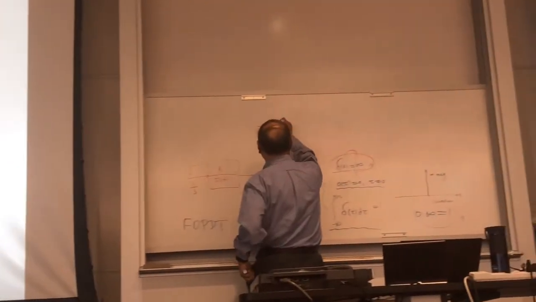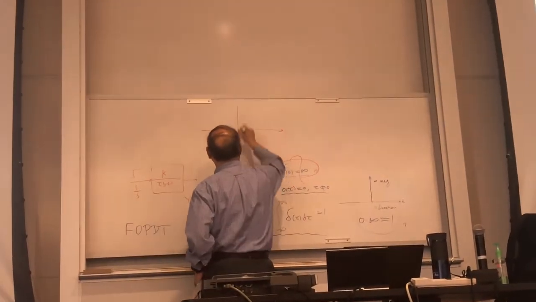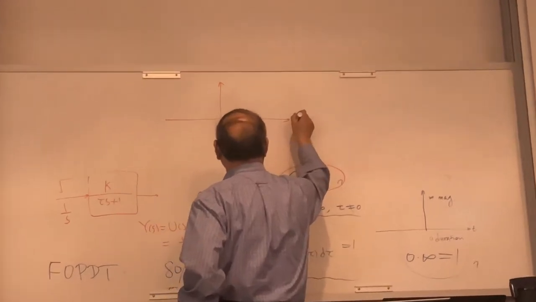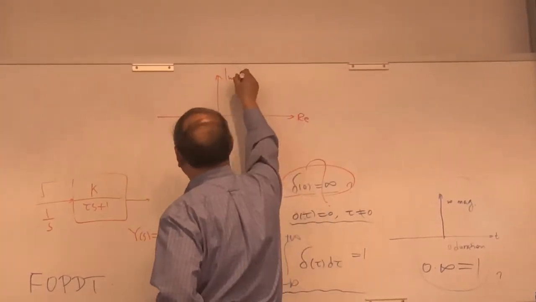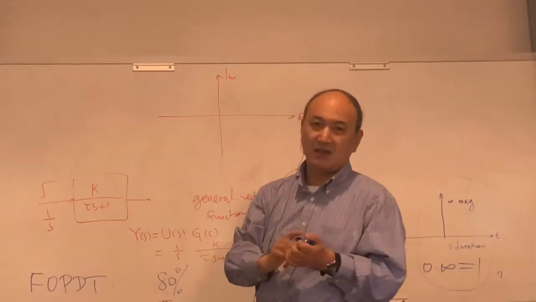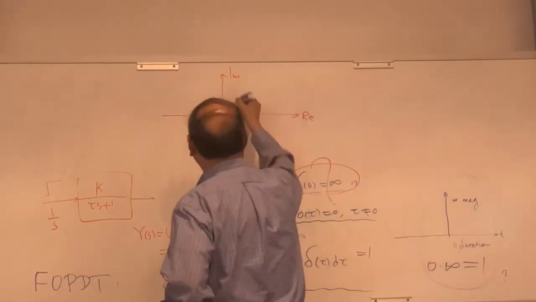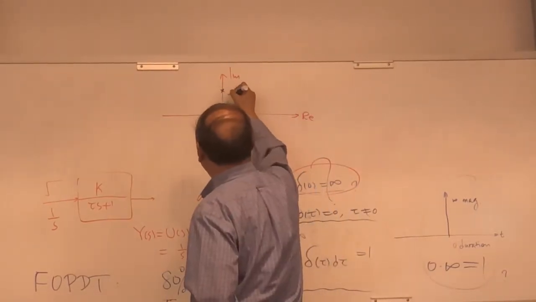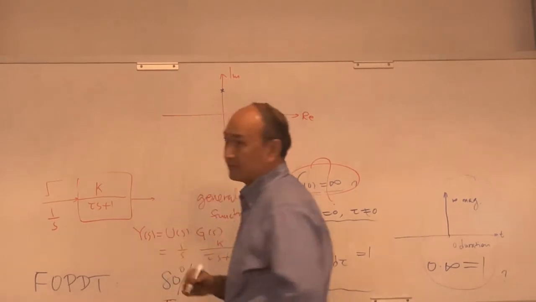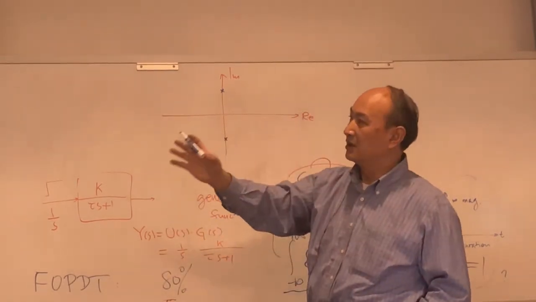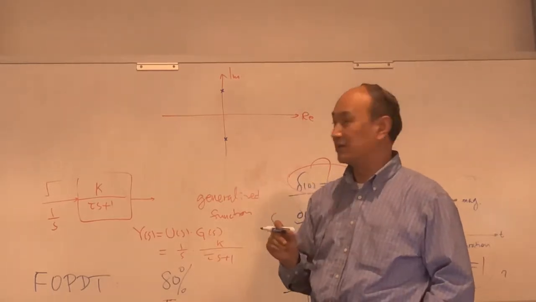So let's say you have a root in here. Okay, this is the real part, this is the imaginary part. So I said that there are many cases. The first case is when it's here, when zeta is 0, okay?